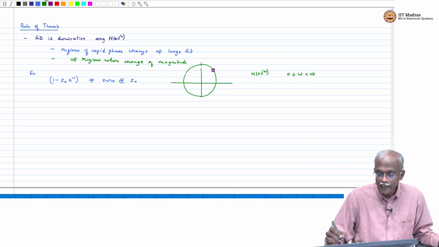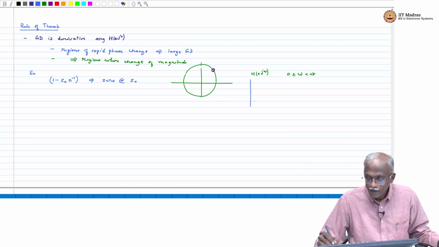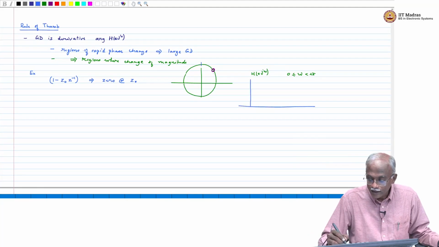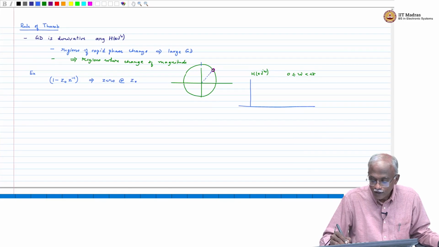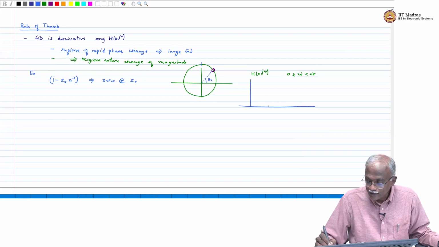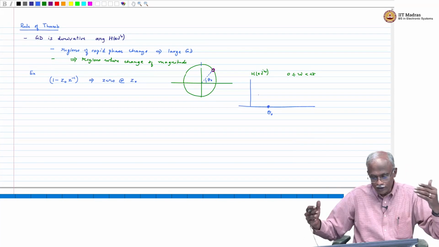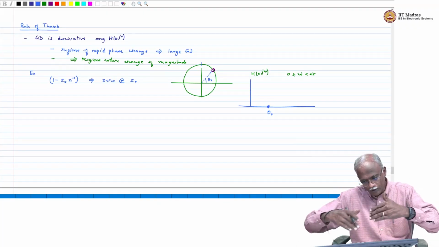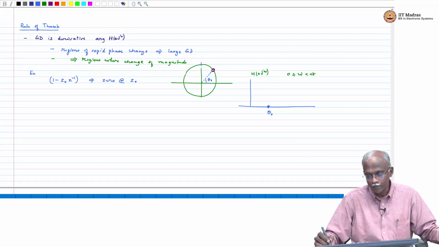And this is what it looks like. Now we can say that at this location, let's call that θ₀, H(e^{jω}) is going to touch 0. It's because the 0 is there, the magnitude response will go to 0 at that point.